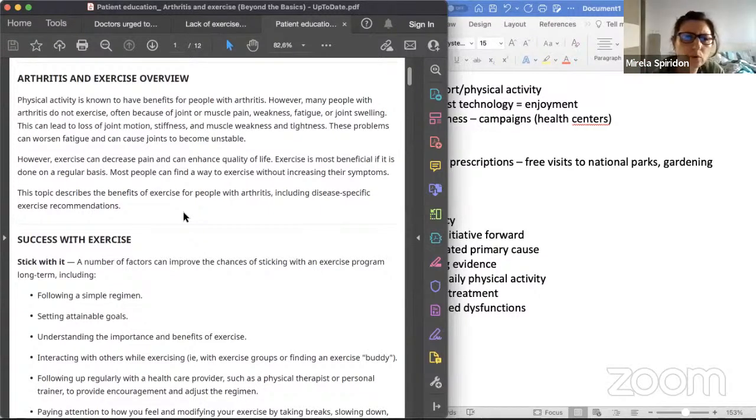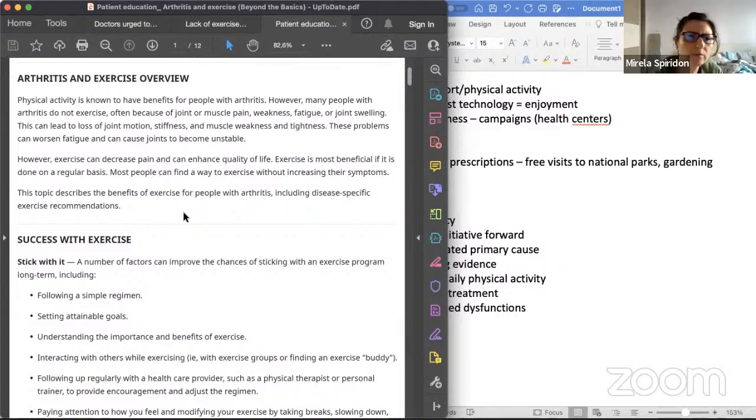This can lead to loss of joint motion, stiffness and muscle weakness and tightness. These problems can worsen fatigue and can cause joints to become unstable.